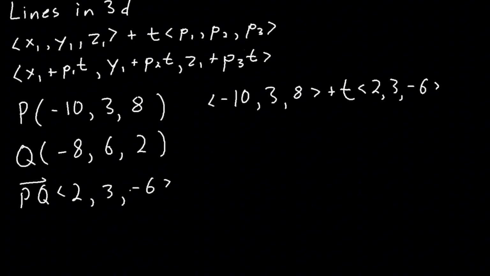And since this vector is parallel to that line, you can just plug it into the equation up top. Now let's just represent it in this form. -10 plus 2t, 3 plus 3t over here, and 8 minus 6t from there.